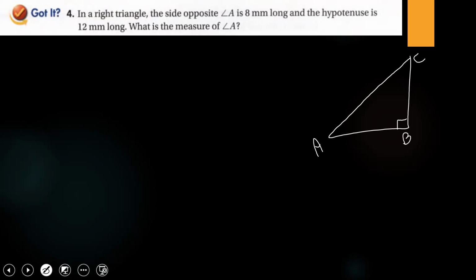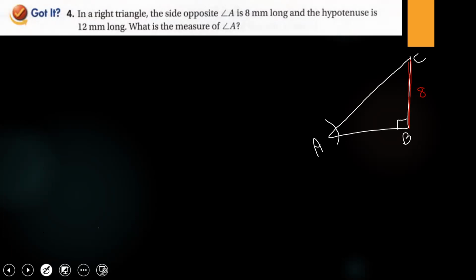the side that is opposite to the angle A, which side do I mean? AB or BC? BC. This side BC is 8 millimeters long. And the hypotenuse, where is the hypotenuse?